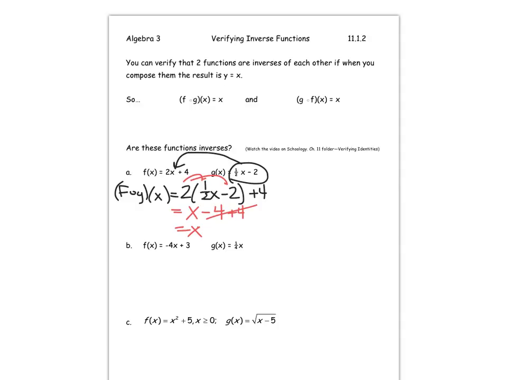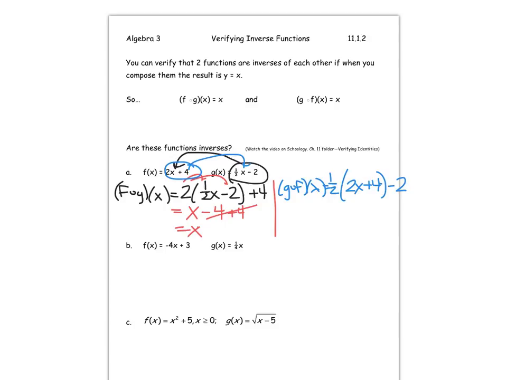Okay. We should verify this the other way around, though. We should also plug f into g and make sure that's going to work. So that would be us doing g of f of x. So we would have 1/2, and then the parentheses 2x plus 4. And then after the parentheses, subtract 2. Oops, I forgot my equal sign, didn't I?